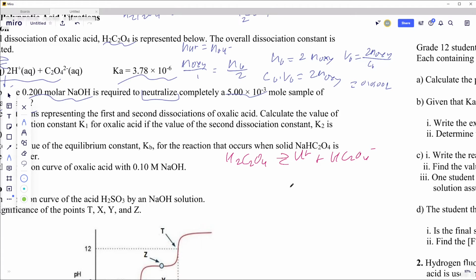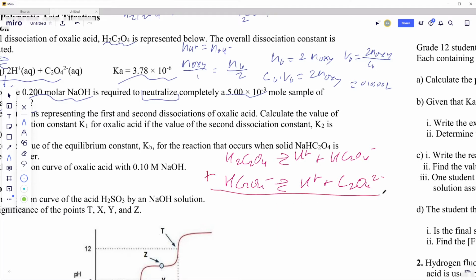If you haven't got the hang of it, you just give off an H plus, and what you're left with is the product. Let's do it with HC2O4 minus. It partially dissociates to give H plus. You lose the H, and you have another negative charge, so you get C2O4 2 minus, with no H's anymore.